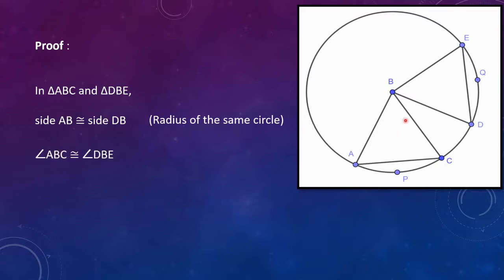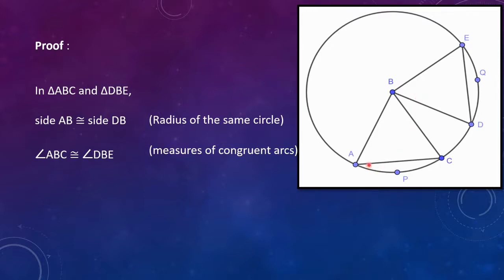Angle ABC is congruent to angle DBE as measure of congruent arcs. Since the arc APC is congruent to arc DQE, their corresponding central angles will also be congruent.